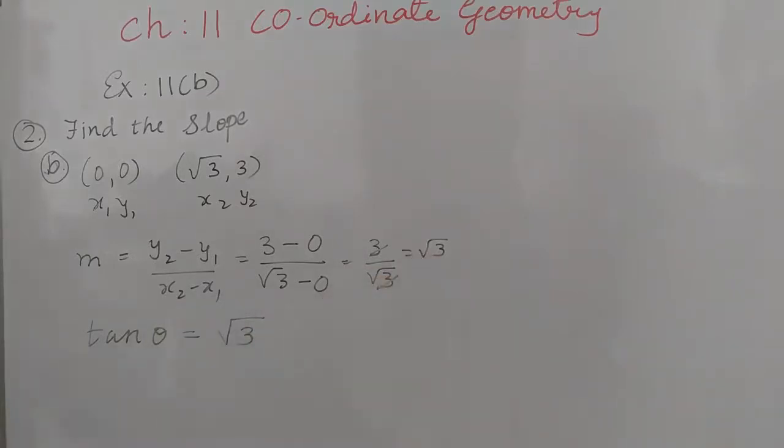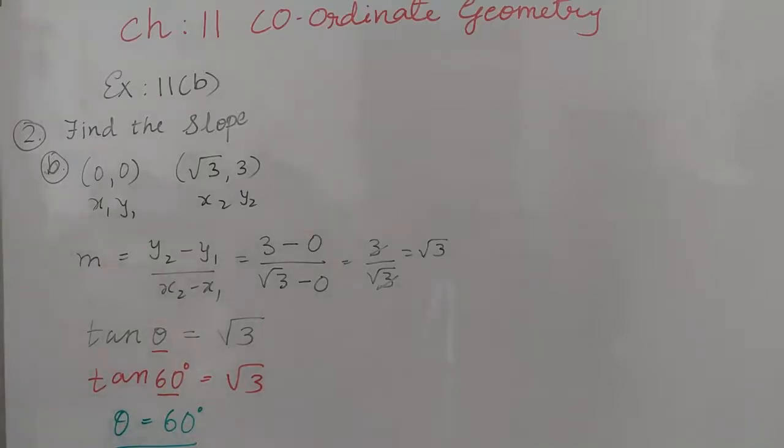Now I want to find value of theta. So now you know students, in tangent table when tan theta will be root 3, that will be when tan 60 degree, we have value is root 3. So by comparison of these values, you can say theta is 60 degree. So the final answer here is theta is equal to 60 degree.